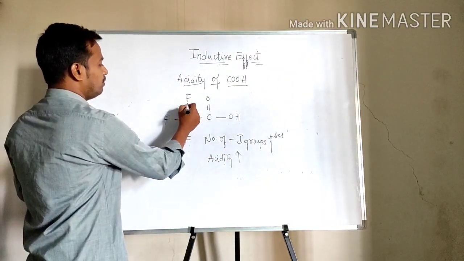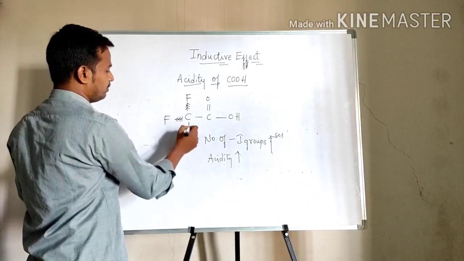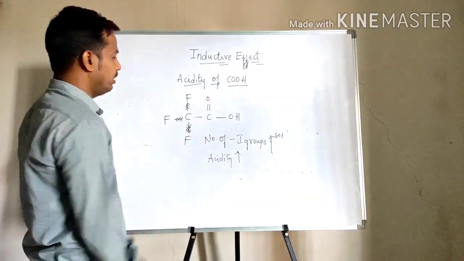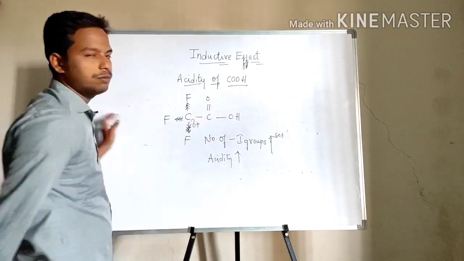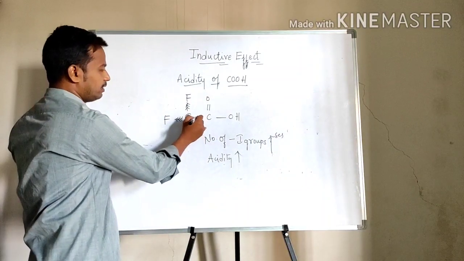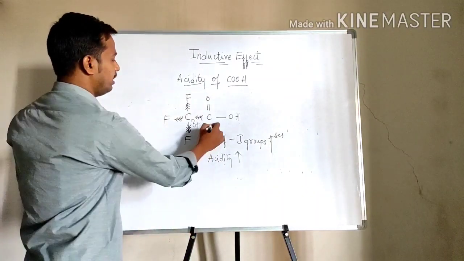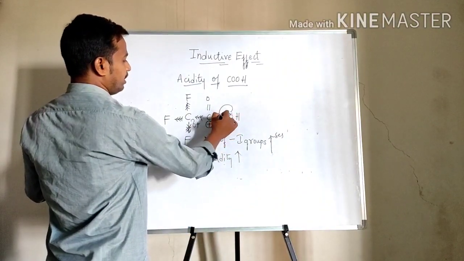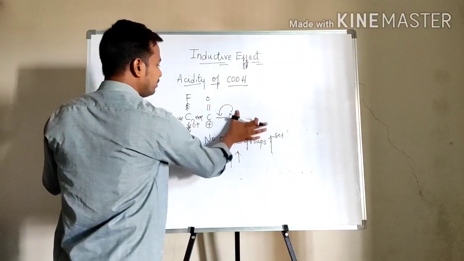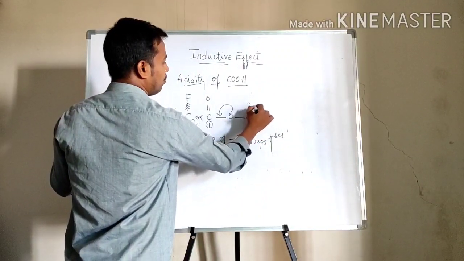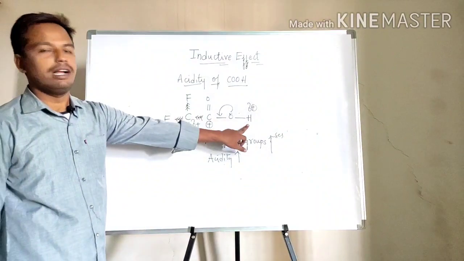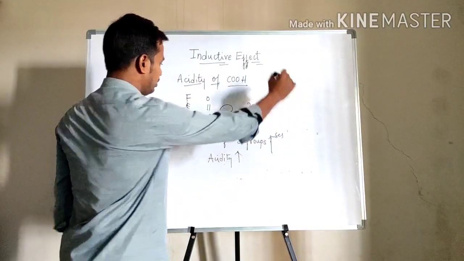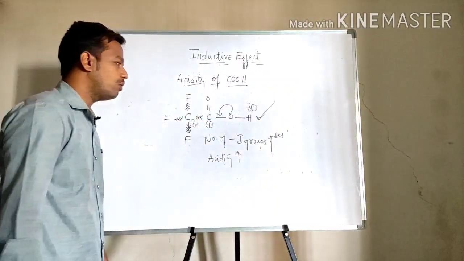Because all the fluorine atoms pull the electrons towards themselves, thereby this carbon gets positive charge. Again it will attract the C-C bond, thereby increasing the positive nature of this carbon atom. So this lone pair will be effectively donated to the carbon atom, thereby making this hydrogen atom more positively charged. That makes the species more acidic.